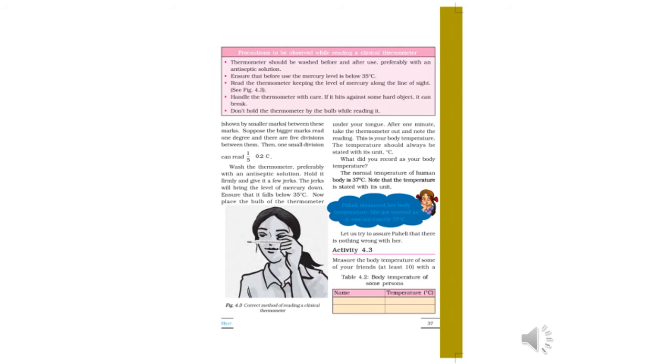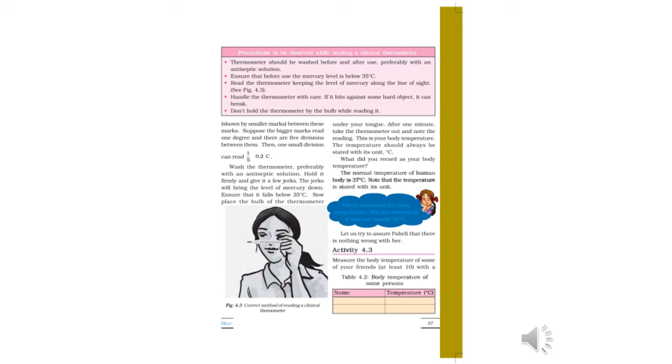Third point: read the thermometer keeping the level of mercury along the line of sight. When we are taking the reading, we should keep it at proper eye level.